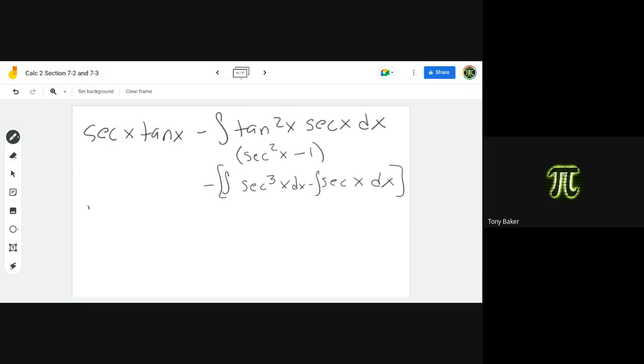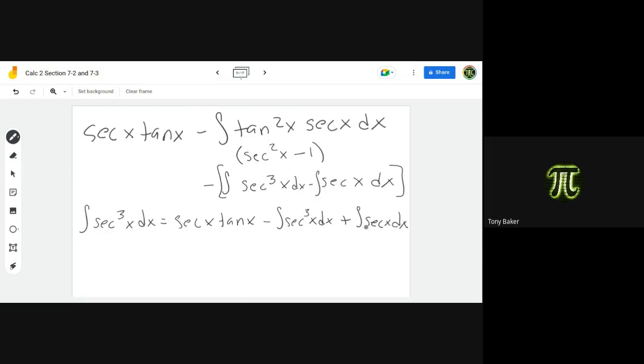So I now have the integral of secant to the third x dx equals secant x tangent x minus the integral of secant to the third x dx plus the integral of secant x dx.